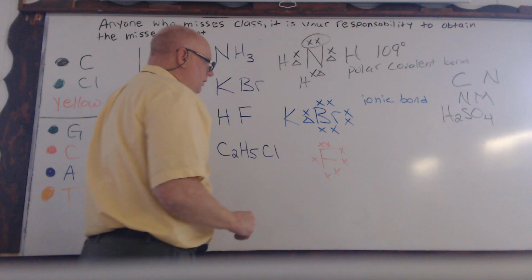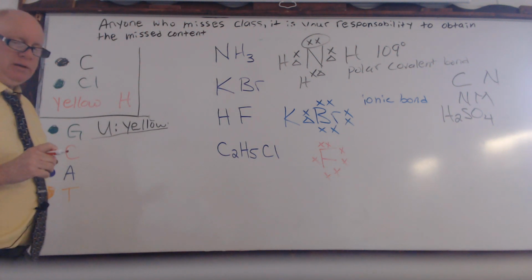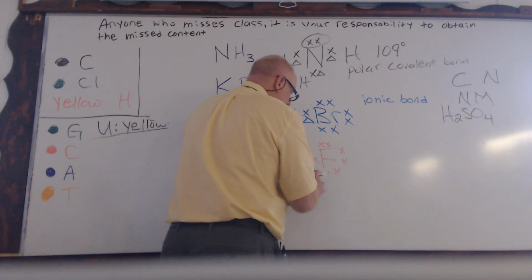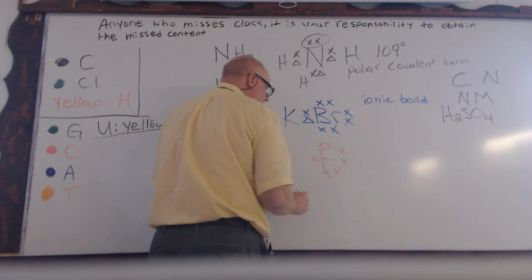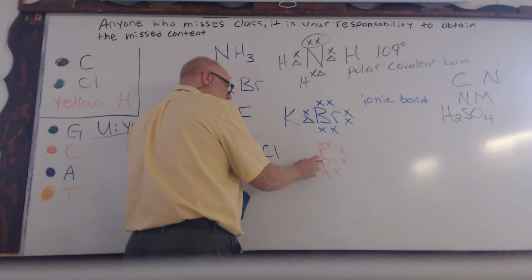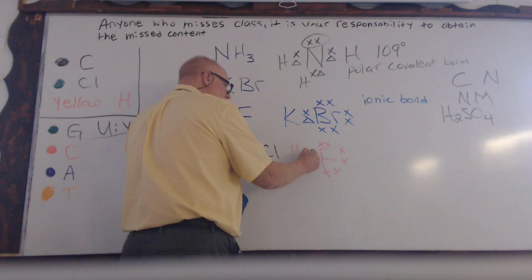I probably didn't draw that very neatly. You just try to keep 2 of them on each side so you can go through 2, 2, 2, and 1. That gives us 7. Here is our last one.